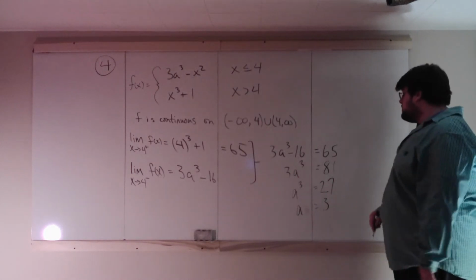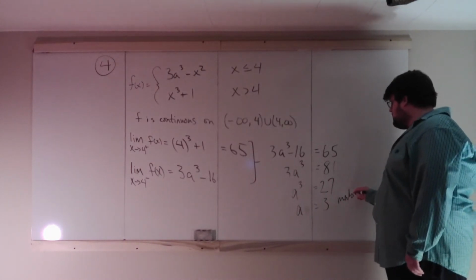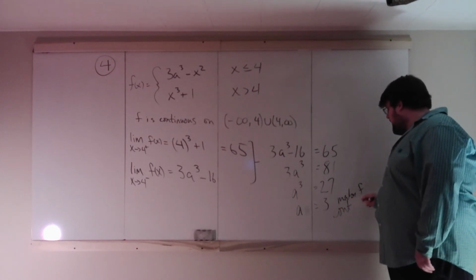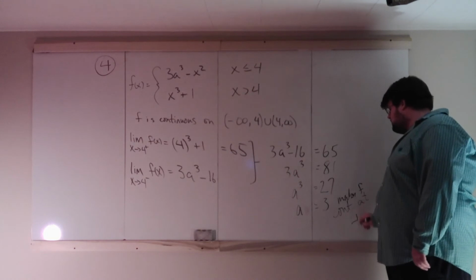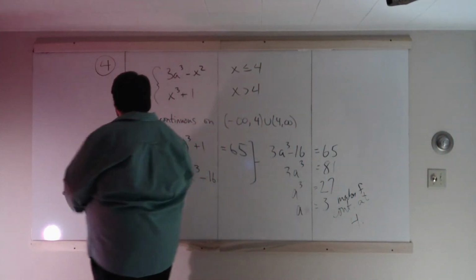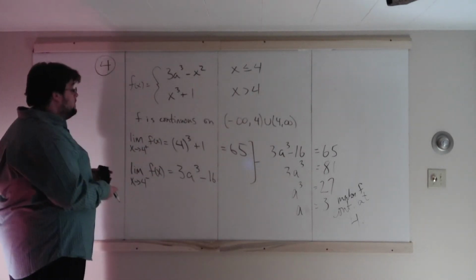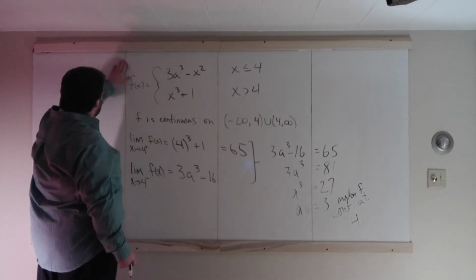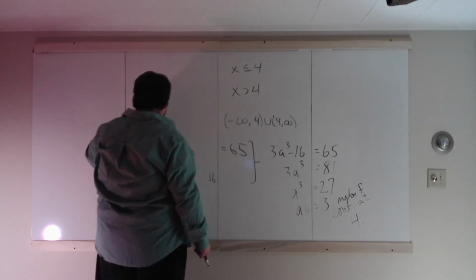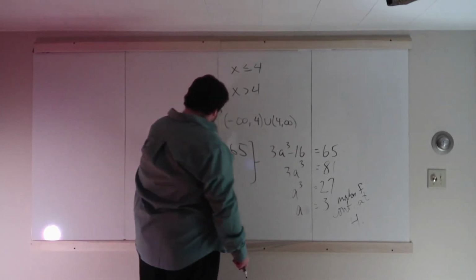So a equals 3 makes f continuous at 4. So right there we had to force the limits on both sides to be the same, both sides of 4 in this case.